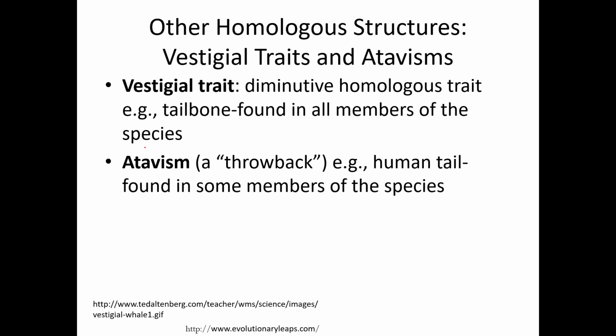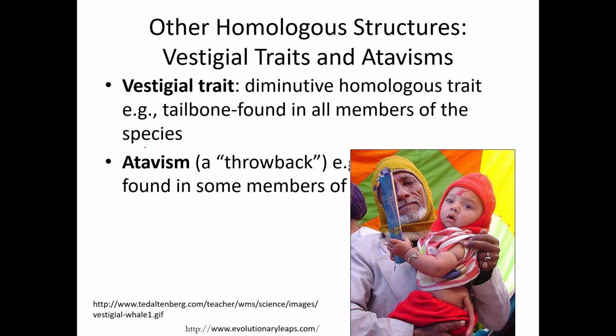That's a vestigial trait. Now, an atavism is a throwback, like when the genes for a tail in a human occasionally get turned on, and they show that humans still have the genes for tailbones and can still develop a tail. And we have those genes because they're left over from our tailed ancestors. And occasionally that happens. That's an atavism.